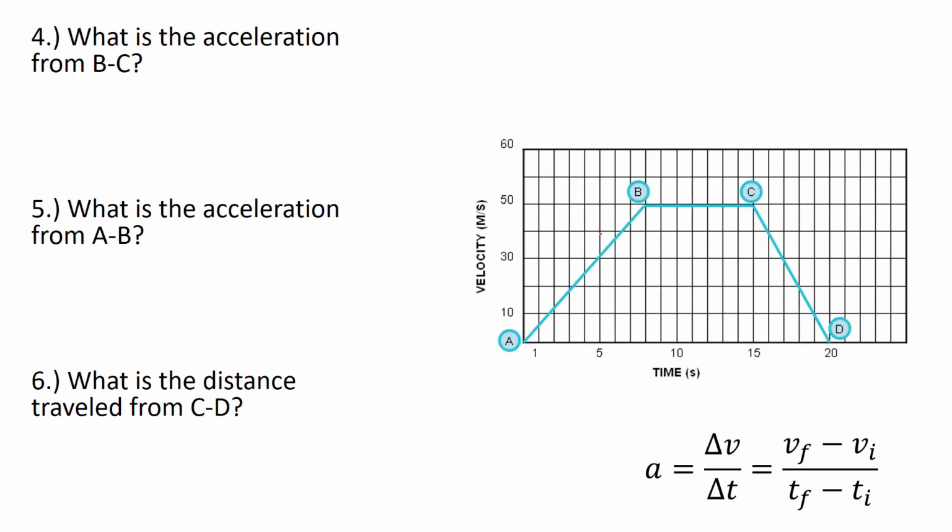Okay, what's the acceleration from B to C? The acceleration is nothing more than a equals change in velocity over change in time. And this guy is going 50 meters per second the entire time, so there's no acceleration. Another way to look at it is to use this: the final velocity was 50 minus the initial velocity, which was also 50, over the time it took.